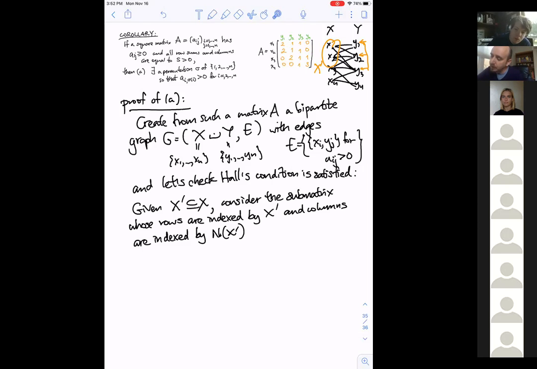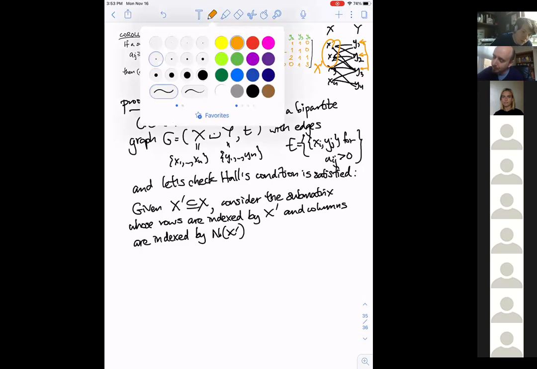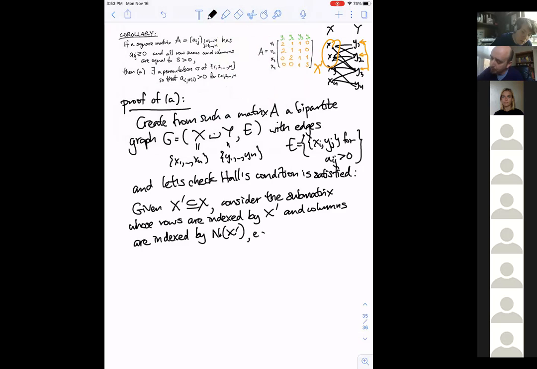It's the thing that's indexed by these rows and these columns. Two, one, one, two, one, one. It's not that they all had to be non-zero. There could have been some zero entries in there, but that's okay.